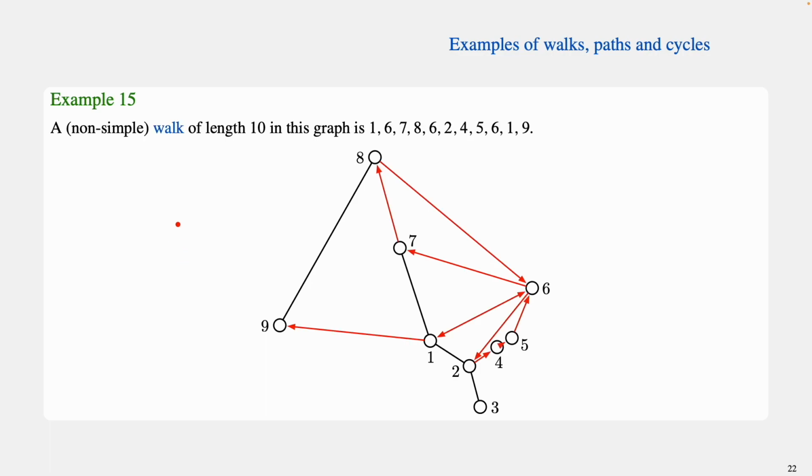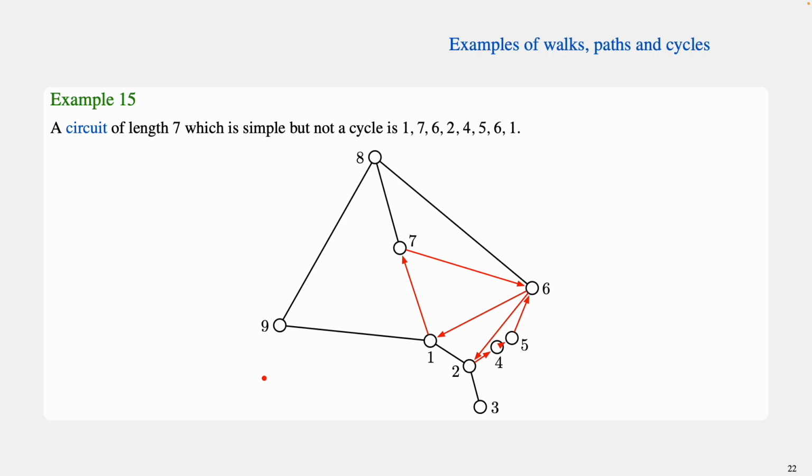Okay, first we have a non-simple walk of length 10, starting at vertex 1, ending at vertex 9. So first we go from 1 to 6, then to 7, 8, back to 6, down to 2, 4, 5, 6, then to 1, so we use this edge twice already, and then finally to the end vertex 9.